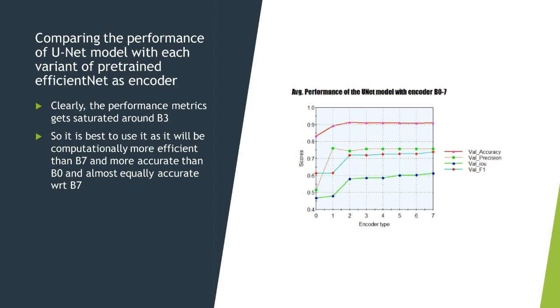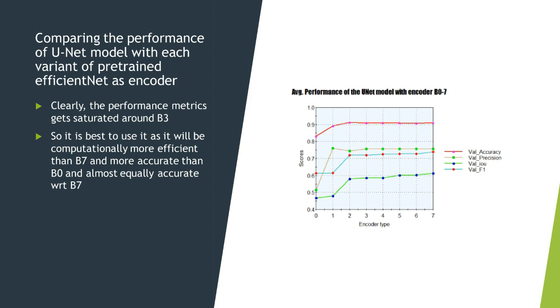Finally, after training the various models and comparing them all, we found that the UNet model with EfficientNet B7 was the best model, but it takes a lot of computation.